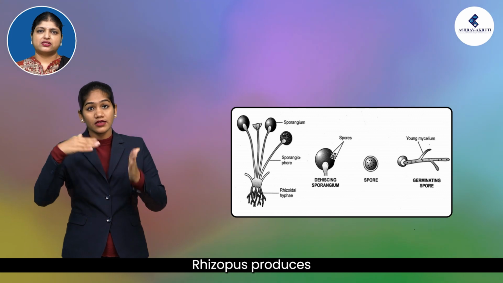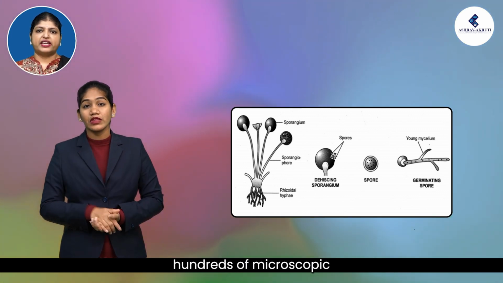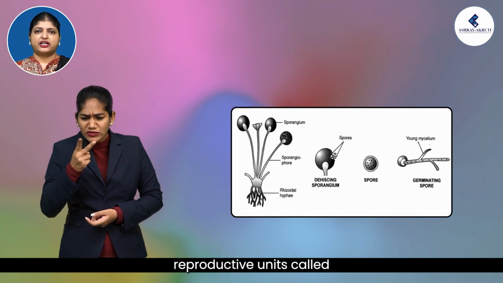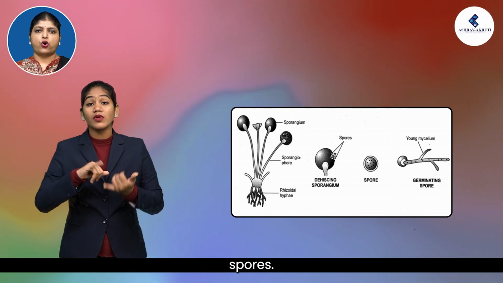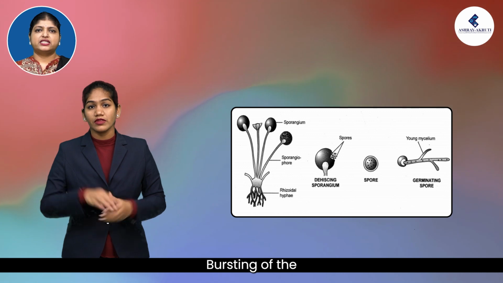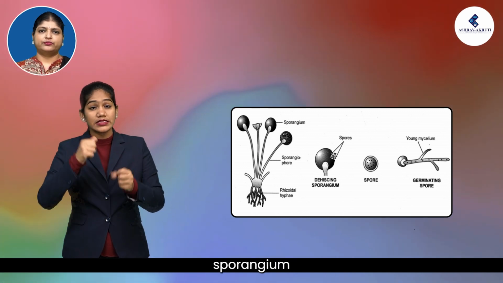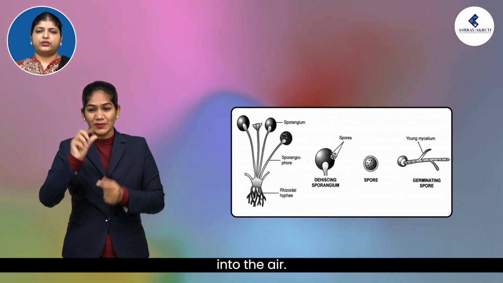Rhizopus produces hundreds of microscopic reproductive units called spores. Bursting of the sporangium spreads the spores into the air.